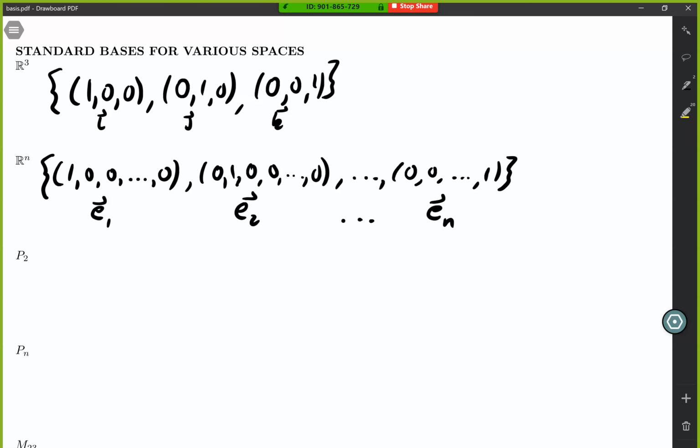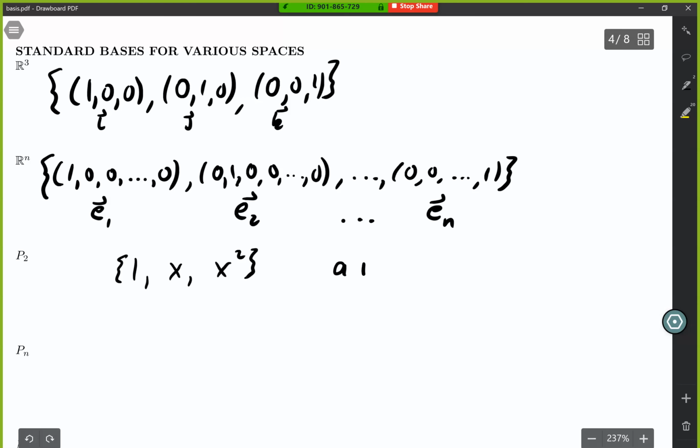All right. So what do you think the standard basis is going to be for P2? Thinking about what we did at the beginning of class here, what do you think the standard basis for P2 would be? Polynomial with just the coefficients of 1. Okay, so yeah, the 1, x, and x squared, right? Think about why this has to be true. Think about how you would write a general second degree polynomial.